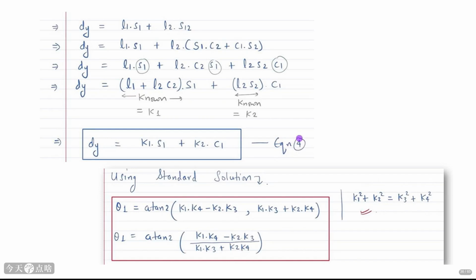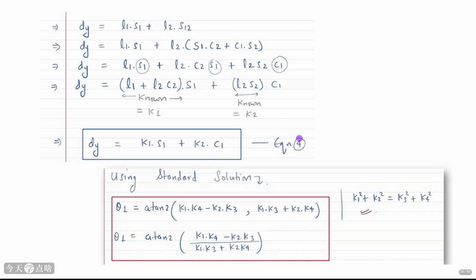Similarly, we can work with the equation for dy. Using the sine addition formula, sine of theta 1 plus theta 2 equals sine of theta 1 times cosine of theta 2 plus cosine of theta 1 times sine of theta 2, we substitute into the equation for dy. This gives us dy equals L1 times sine of theta 1 plus L2 times (sine of theta 1 times cosine of theta 2 plus cosine of theta 1 times sine of theta 2).